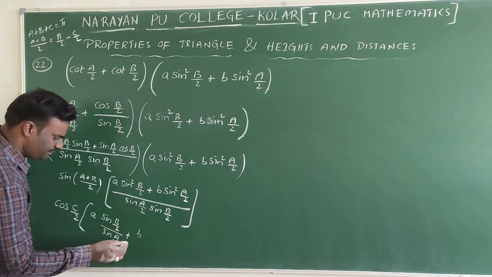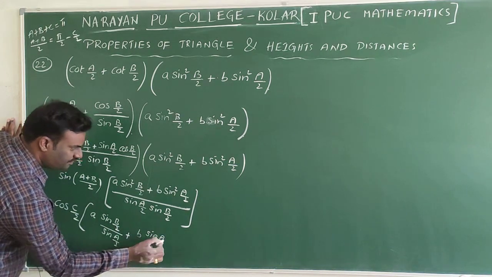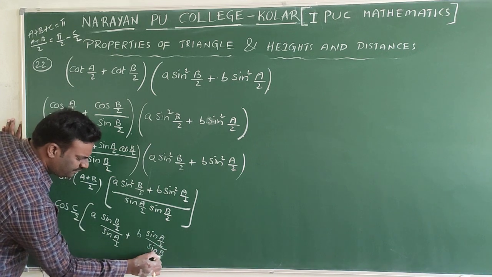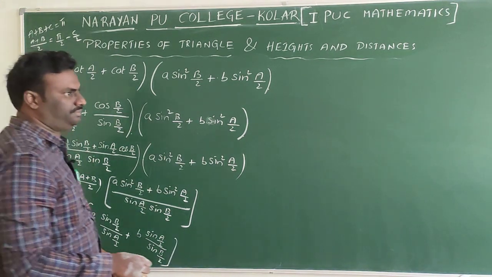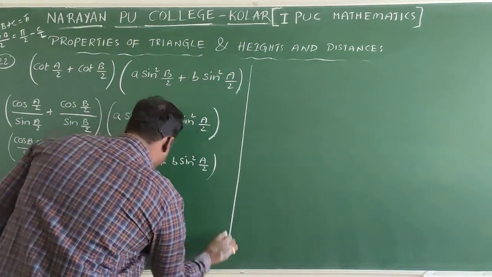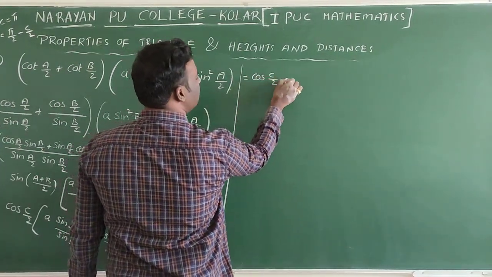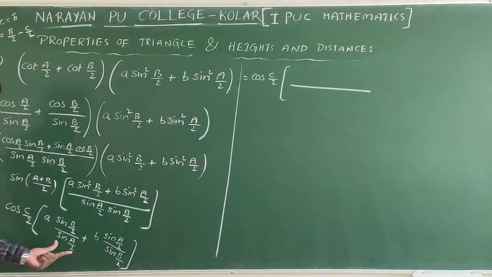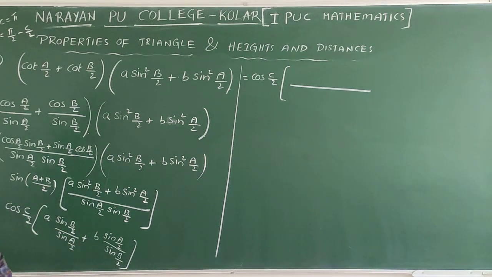B into sin A by 2 by sin B by 2. Next, you take LCM. That equals cos C by 2 into LCM, which is sin A by 2 sin B by 2.